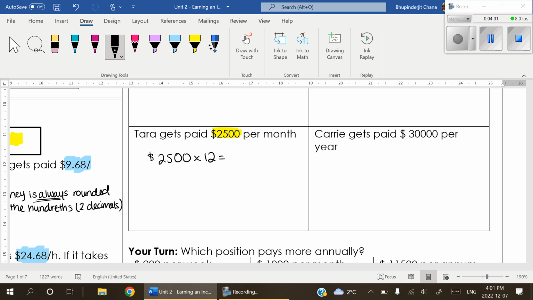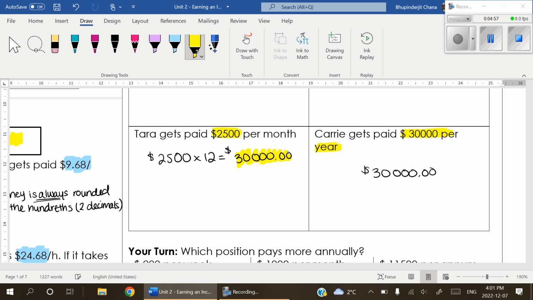I'm going to plug that in. 2,500 times 12. $30,000 and no cents. And then my last one here is already per year, $30,000.